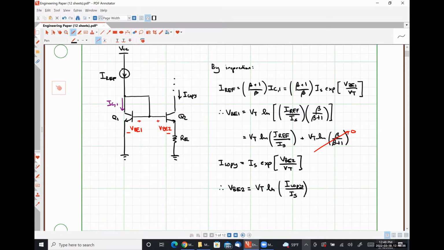And what I'm going to do now is I'm going to take the difference of these two voltages, okay?